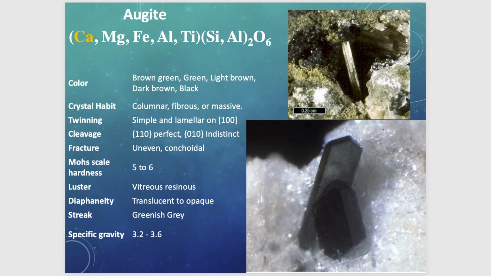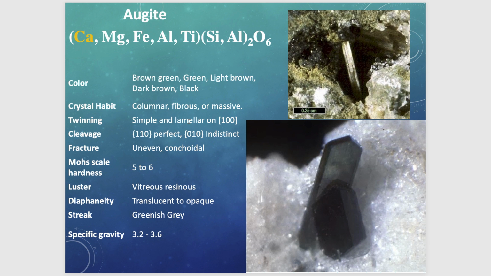The streak is also different. We have a streak that is more greenish gray, and these crystals are also translucent, but many examples are relatively opaque. Since they are so dark, you don't really see the transparency that well unless you're looking at them in thin section.